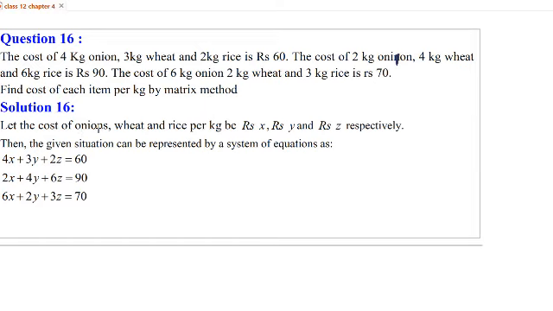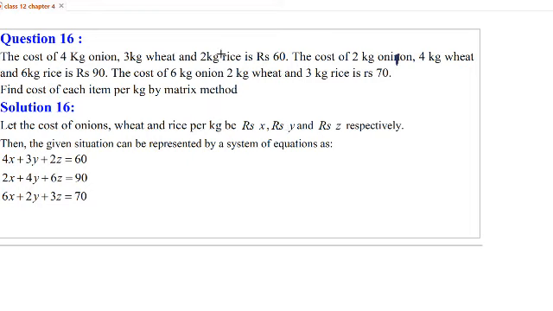So cost of 1 kg onion, let it be X. Cost of 1 kg wheat, let it be Y. And cost of 1 kg rice, let it be Z. Okay. So if 1 kg of onion costs rupees X, then 4 kg of onion will cost 4x. If 1 kg of wheat costs Y rupees, then 3 kg of wheat will cost 3y rupees.